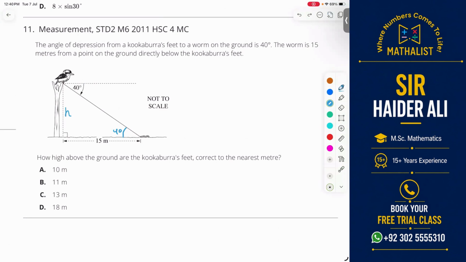Wait, is that the hypotenuse or the height you wrote? I'm confused. Solve it.